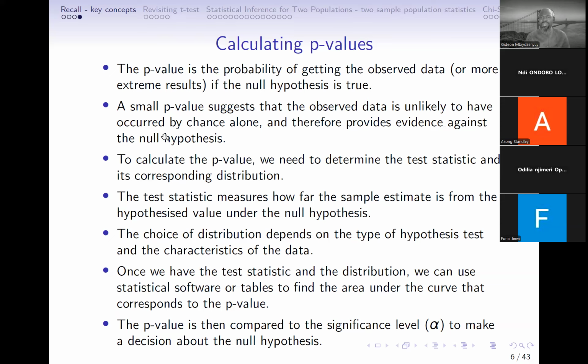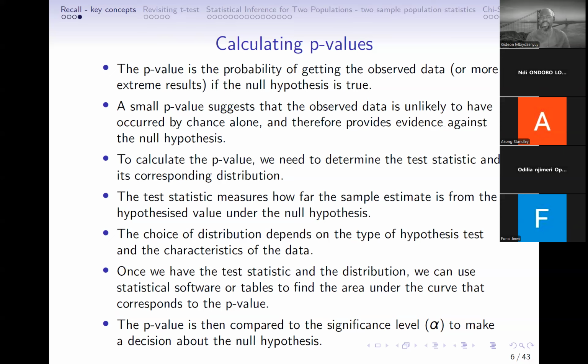In order for us to determine how this p-value should be obtained, we need to determine the test statistic and its corresponding distribution. It is important that we know whether the test statistic refers to the mean or the proportions under certain conditions. The reason why we do that is because then we know what kind of distribution we should follow.